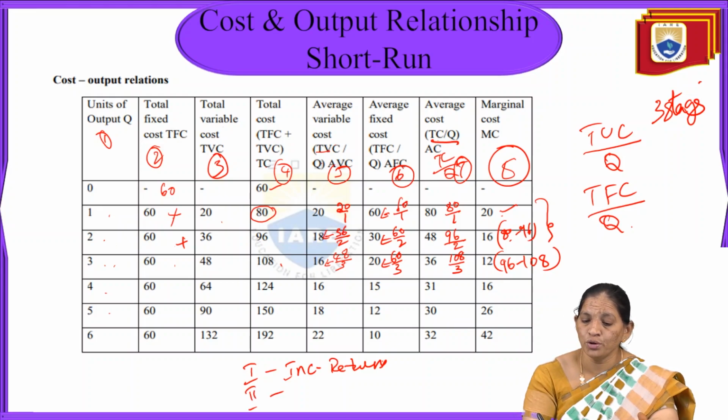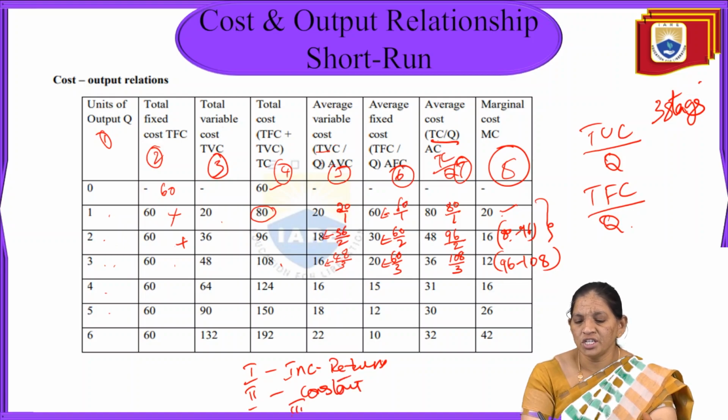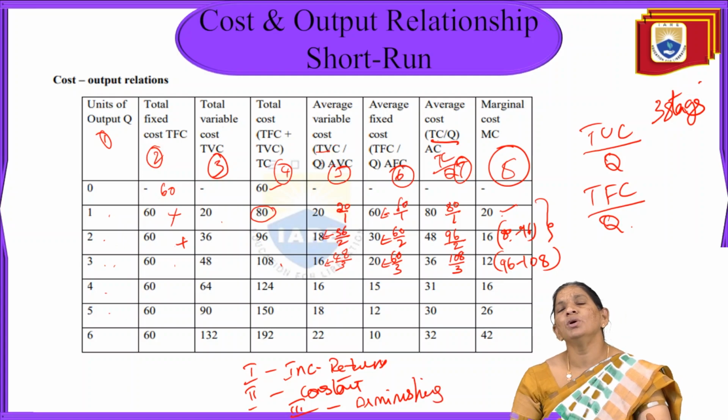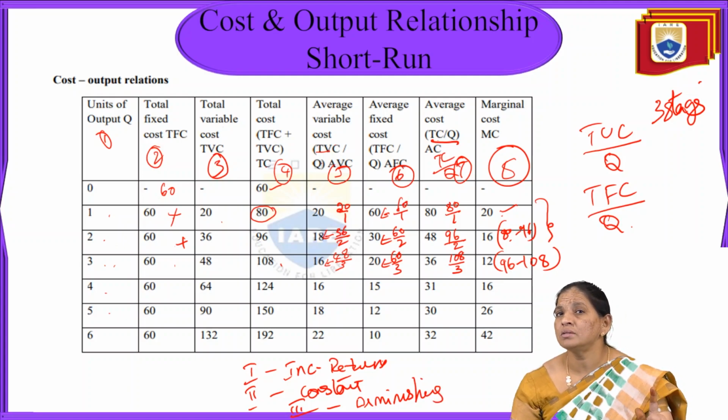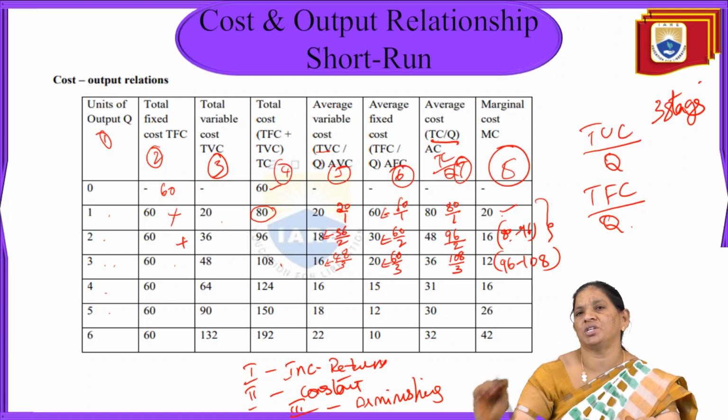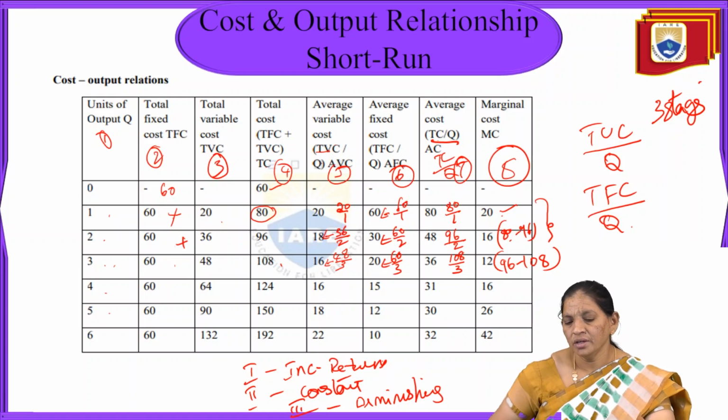Stage 2, already we know, is constant returns. Yes, and stage 3, as we know, is diminishing or declining returns. The same three stages we can identify in the cost output also, in the short-run cost function.